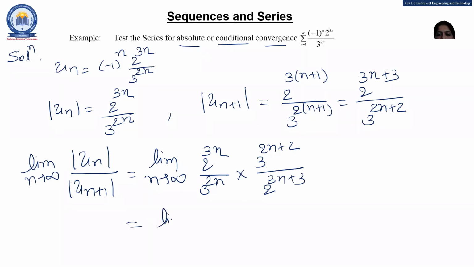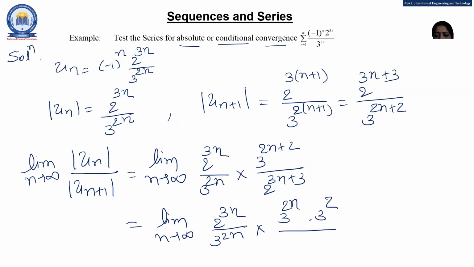So limit n tends to infinity, 2 raised to 3n upon 3 raised to 2n into 3 raised to 2n into 3 raised to 2 upon 2 raised to 3n into 2 raised to 3. This both will be cancelled and my answer is 9 by 8, right?